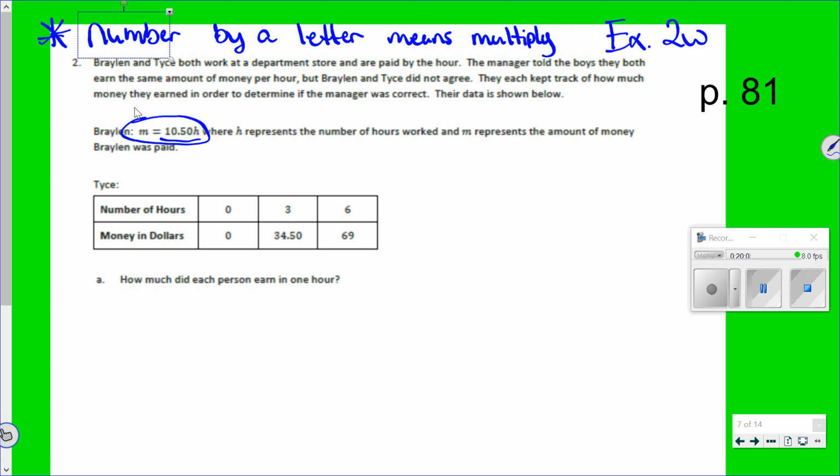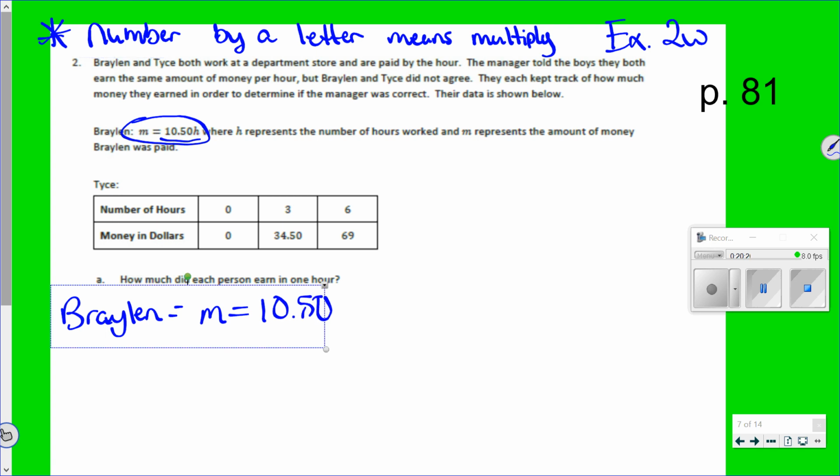All right, then Tice used a table, and we have seen several of these. So let's look at A. It says, how much does each person earn for 1 hour? So let's start with Braylon. Braylon says that his money is $10.50 times the number of hours. So if I want to find out how much he makes in 1 hour, what am I going to do to solve? Multiply what?